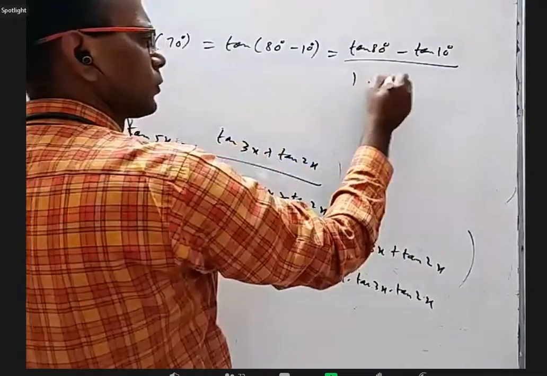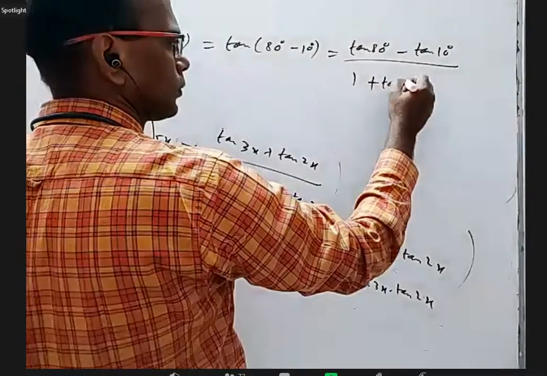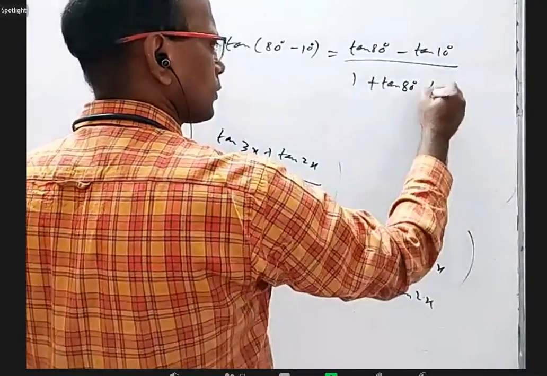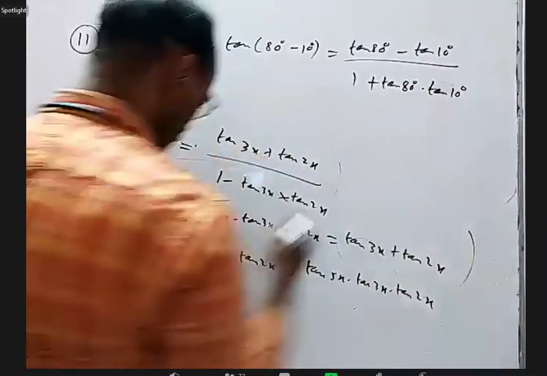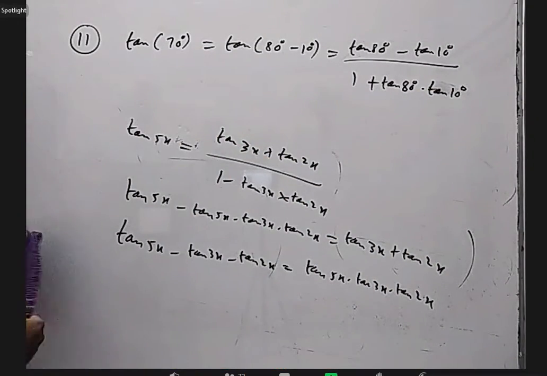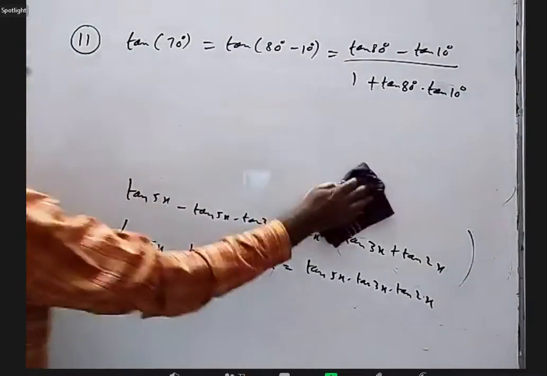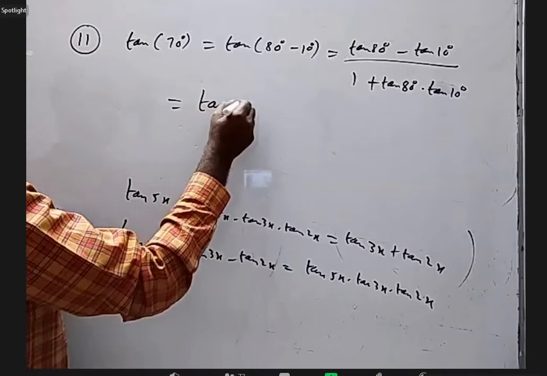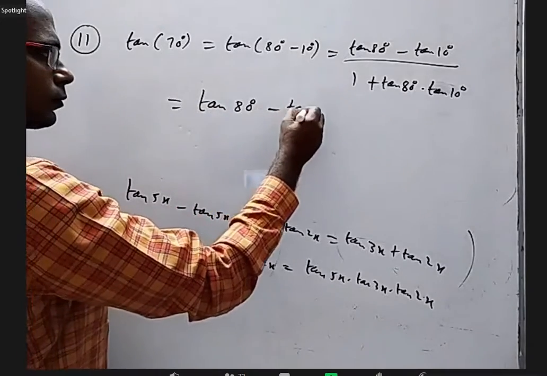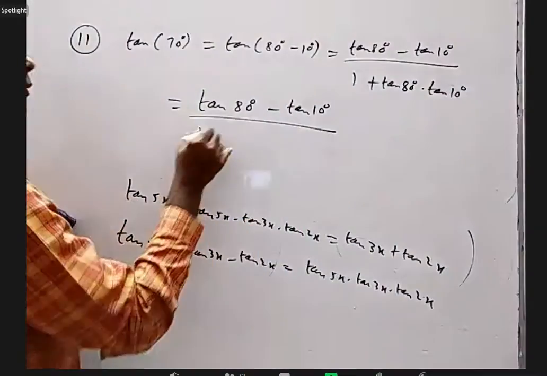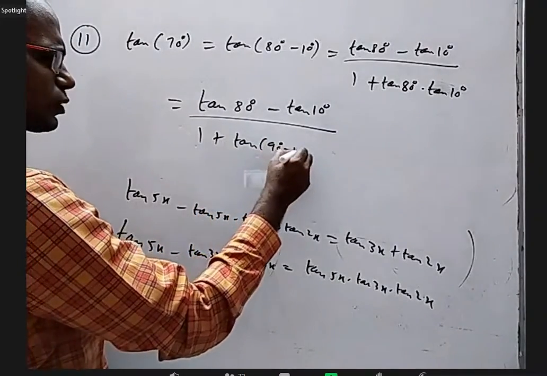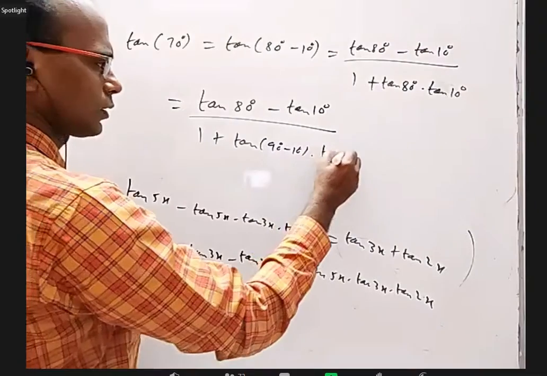Sir, the answer will come 2, sir. The numerator and denominator get cancelled after we expand. This tan 80 down only, I'm going to write 90 minus 10 into tan 10.